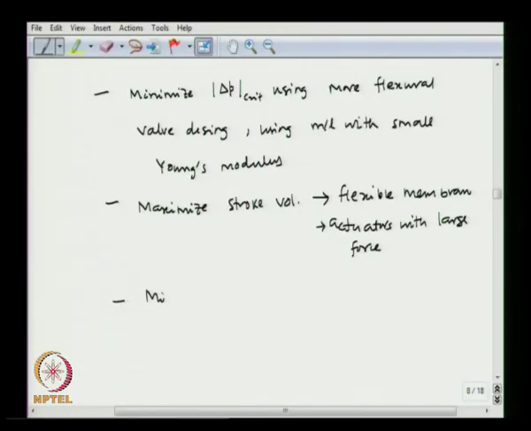So, the objective would be to minimize dead volume, and this can be done using thinner wafers. So, the chamber depth has to be minimum.